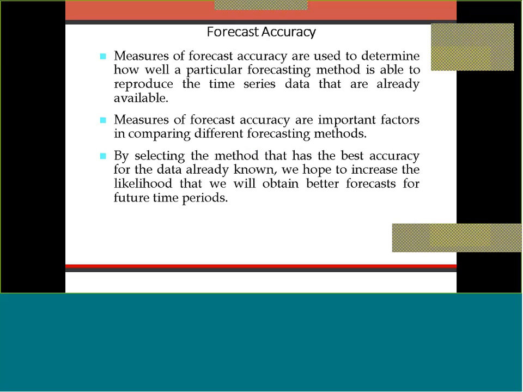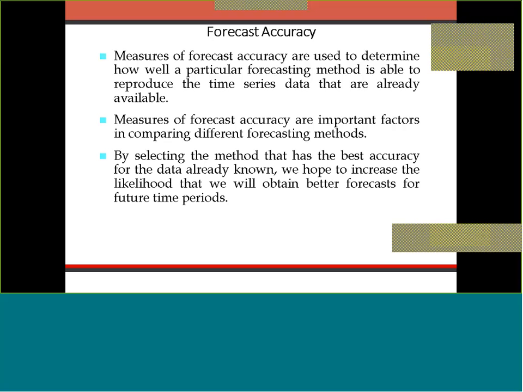A few more interesting key terms we need to discuss in forecasting is forecast accuracy. How accurately are we forecasting the future data? That's an important point to deal with. We have to measure the accuracy of forecast data.